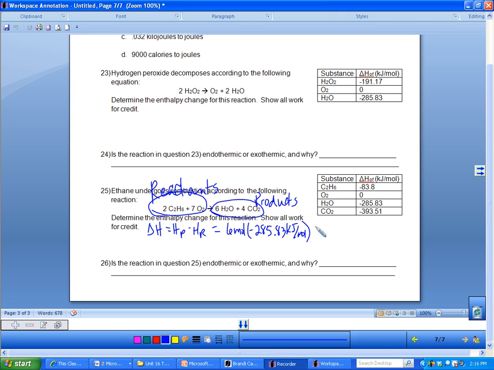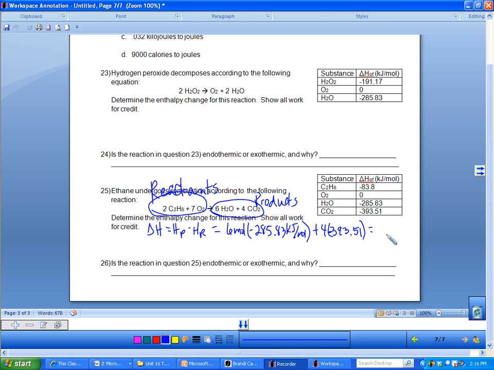And then I have 1 more product, and that product is CO2. I'm sorry, I said I have 1 more reactant. So 4 moles of CO2 at negative 393.51.